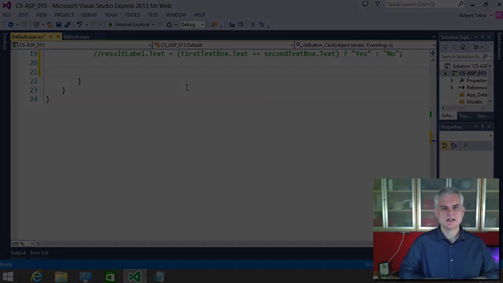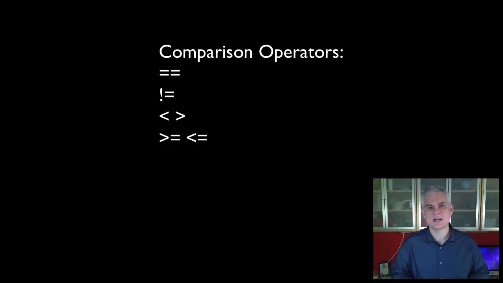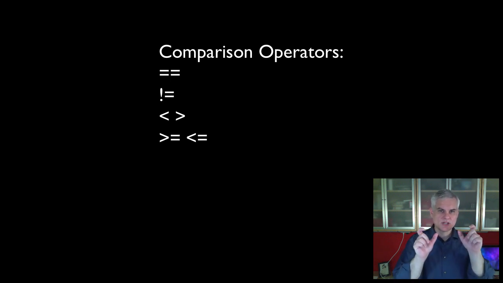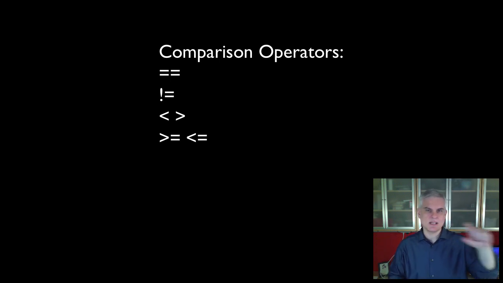Here are, as you see on screen, a list of the most basic operators, and I think I got most of them. There might be a few additional ones out there that are rarely used. So in addition to the two equal signs together, which says these two items on both sides are equal, there's also a not equal. That's an exclamation mark and an equal sign.